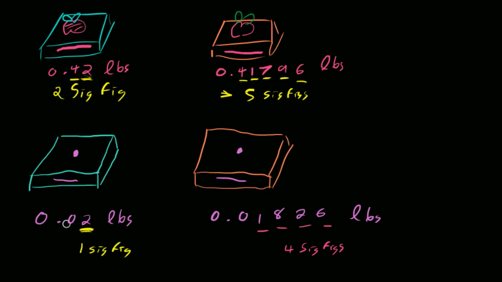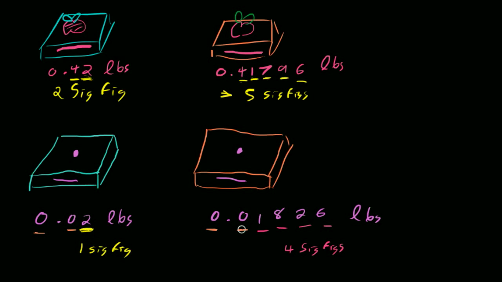And you can think about, in both of these examples, what's this 0 doing, really? And it's kind of doing the same thing that this 0 is doing. All it's doing is holding the decimal point. All it's doing is telling us what multiple of 10 our significant figure should be at.